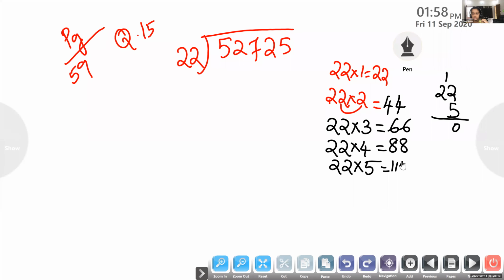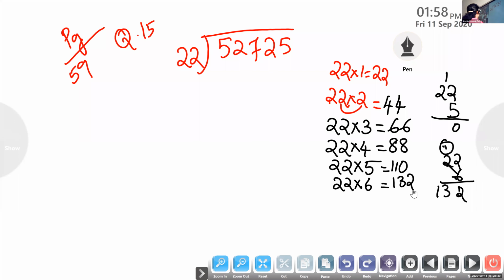Okay, 22 multiplied by 6. 6 2s are 12, one carryover. Again 6 2s are 12, plus 1, 13. So the answer is 132.